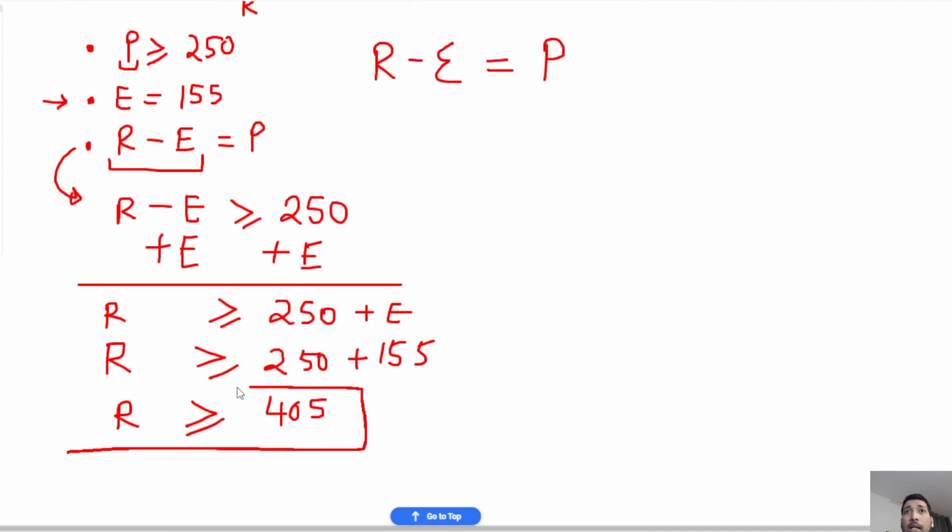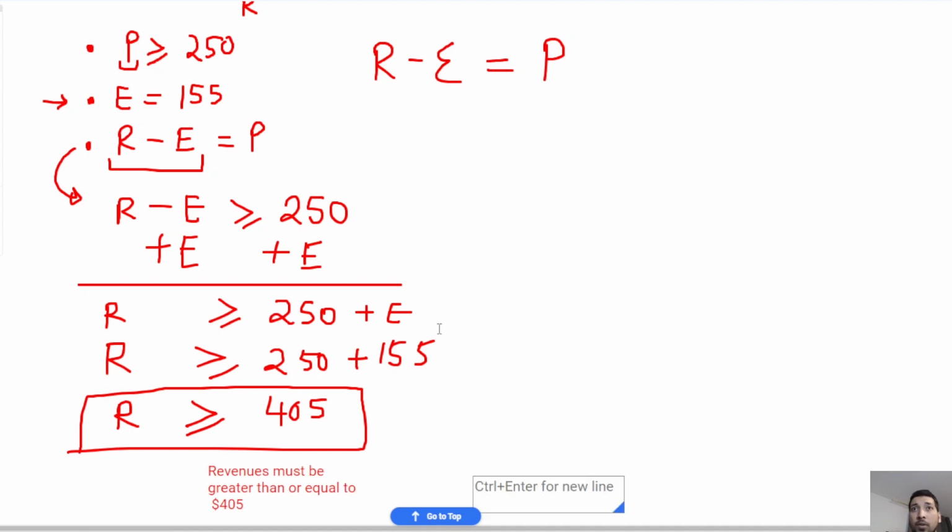This is our answer: revenues must be greater than or equal to $405. Perfect, and there you have it.